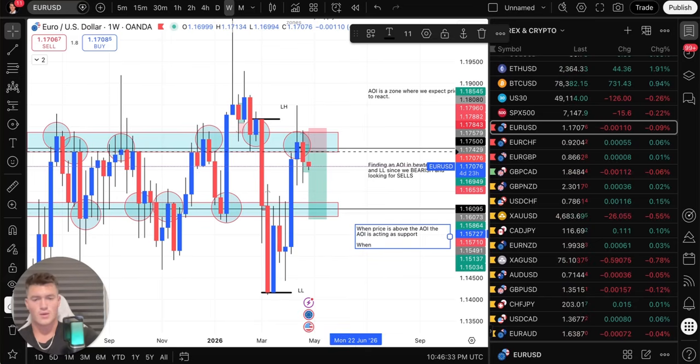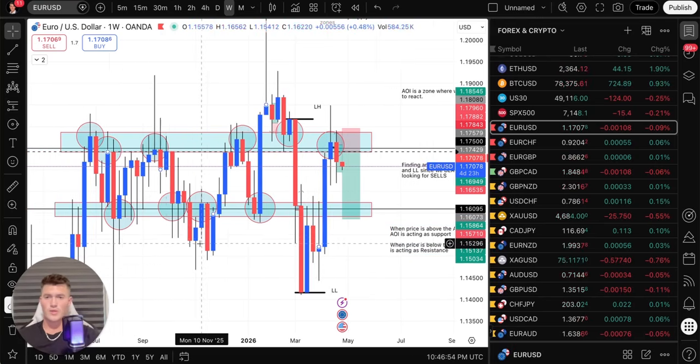When price is below the area of interest, the area of interest is acting as resistance.